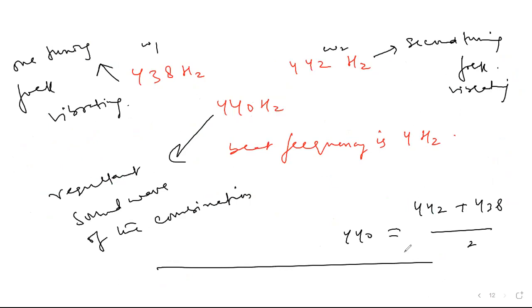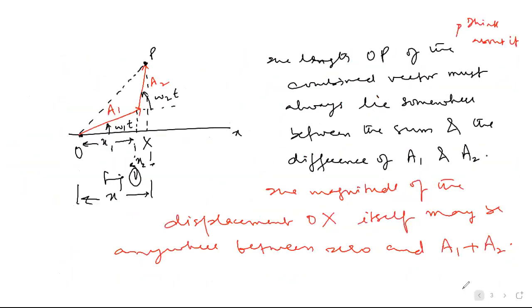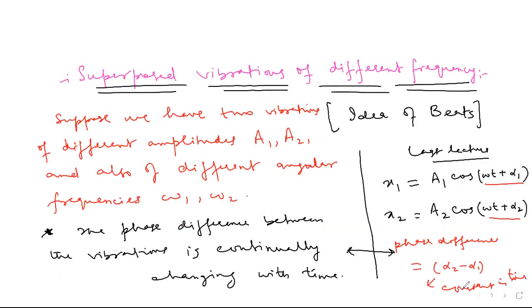This is all for today. Let me summarize the lecture. So in the start, we said we will discuss superposition of two SHMs with different frequencies. Then we referred to the last lecture. We said in equal frequency case, the phase difference is constant in time. But in this case, the phase difference between the vibrations changes with time.